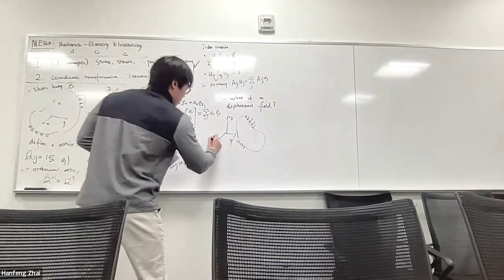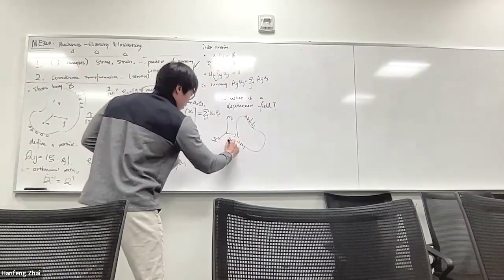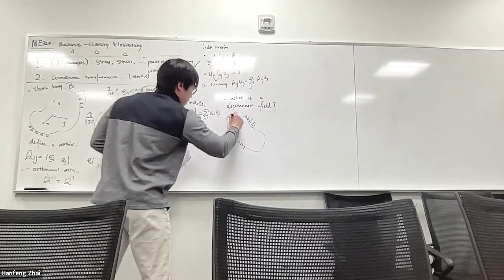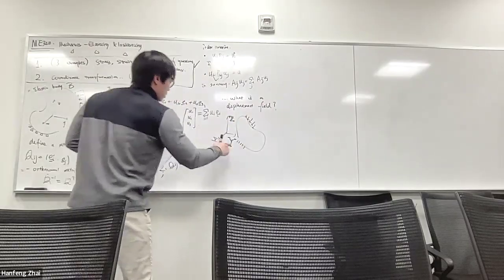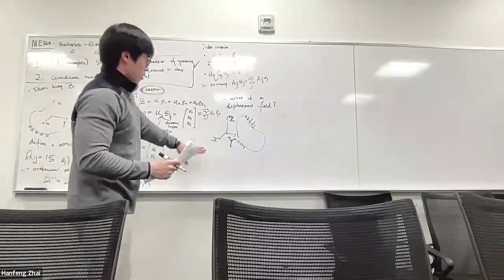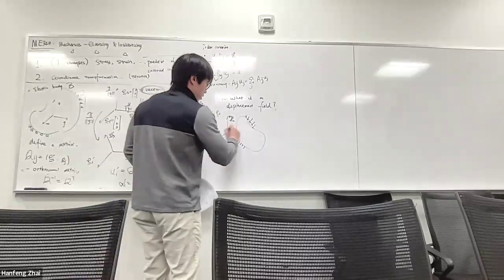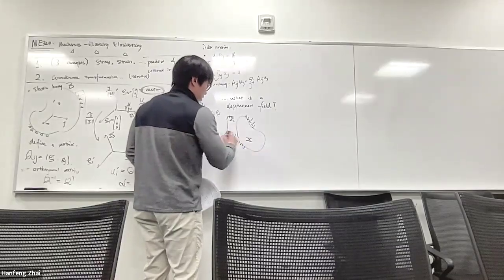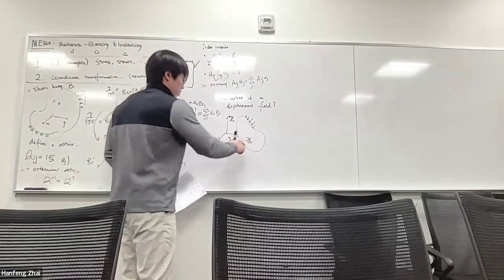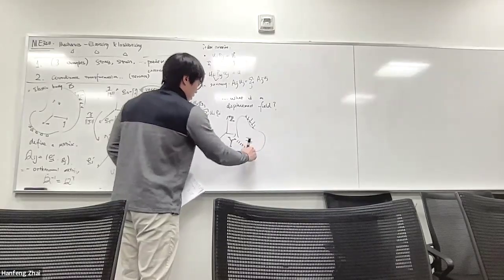If we define this as capitalized X, Y, and Z using this coordinate system, let's represent it as vector X, which means X, Y, and Z.